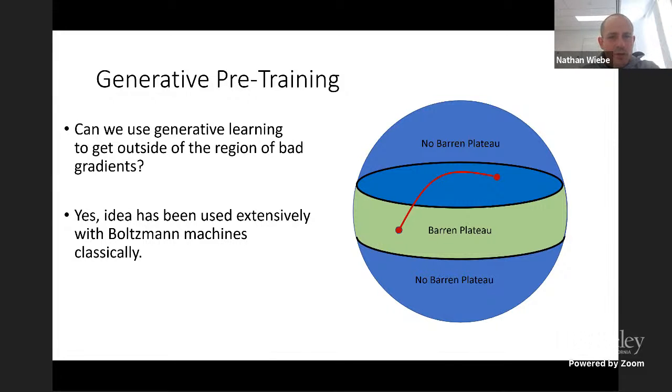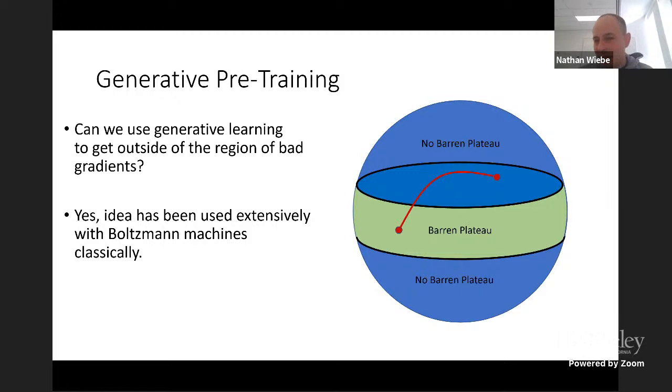So the question is, all right, this part of the talk is a little more speculative. It goes to this question of, can we find a generative pre-training algorithm? Can we use this generative training over here as an initial step towards building a better classifier, by using this to get us outside of a Barren plateau?